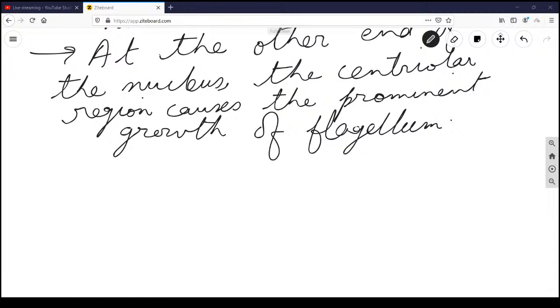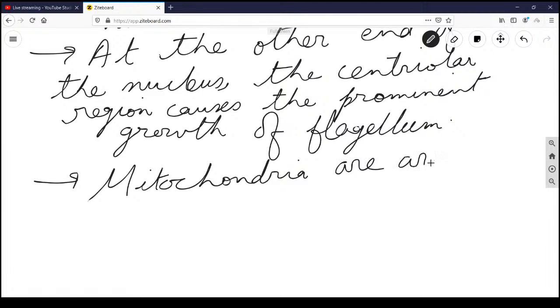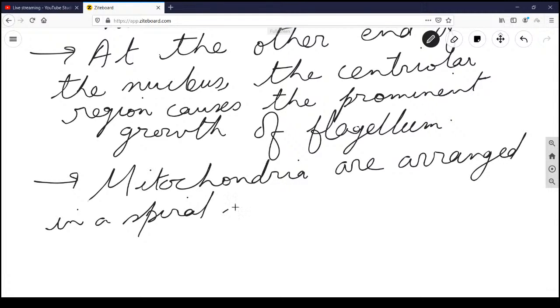The mitochondria are arranged in a spiral manner around the flagellum in order to provide enough GTP, because the flagellum is what?